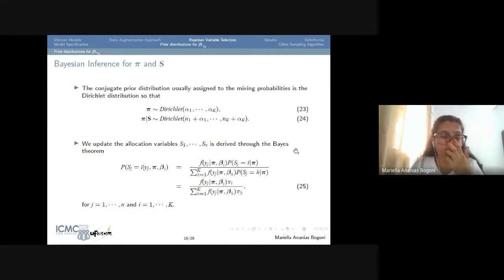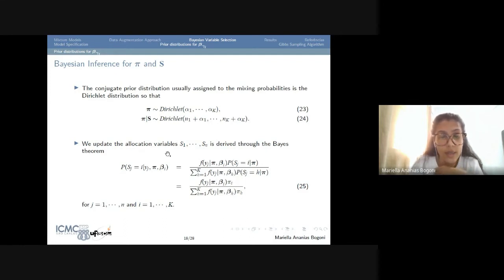So to complete our Bayesian inference for this model, we still have to talk about the parameters pi and the vector of allocation variables S. For the vector pi, which is the weights or mixing probabilities of the mixture, we usually assign a Dirichlet prior distribution so that the posterior distribution will also be a Dirichlet distribution, as in equation 24.